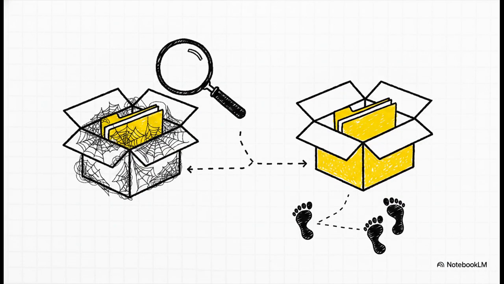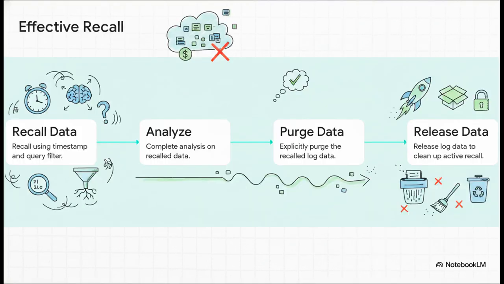Oh, and speaking of retrieving data, be super careful with this common trap. Recalling archive data into your active workspace using timestamp and query filters actually makes a copy of the log data inside your active storage. So temporarily, your storage footprint for those specific logs is literally doubled. To ensure this doesn't accidentally turn into a permanent billing nightmare, you've got to follow this exact sequence for cost-effective data recall.